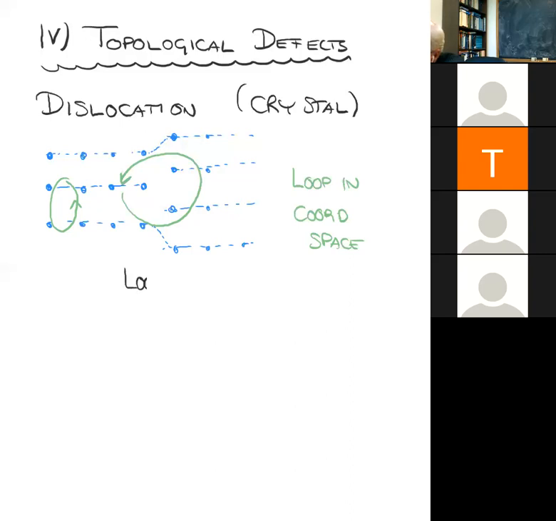The loop around the defect intersects an odd number of planes.